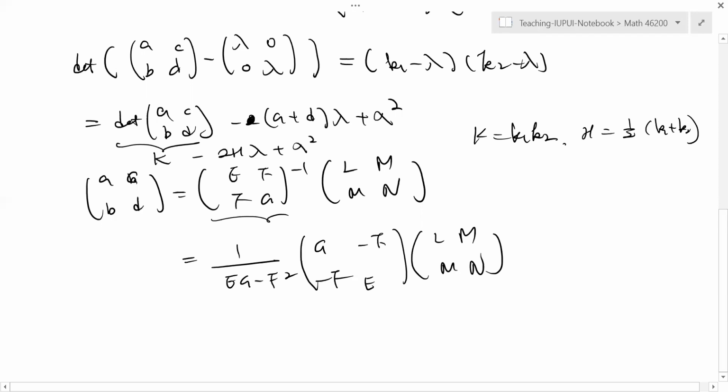So we have those two formulas we can use to do the computation.